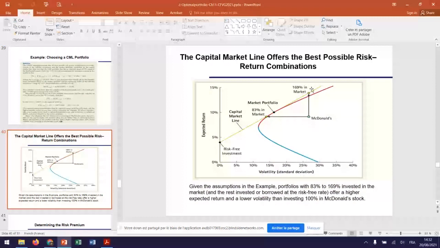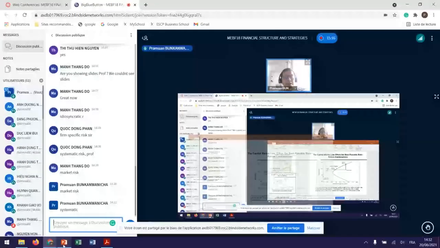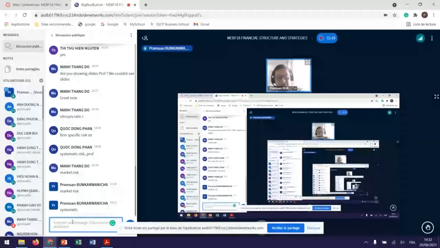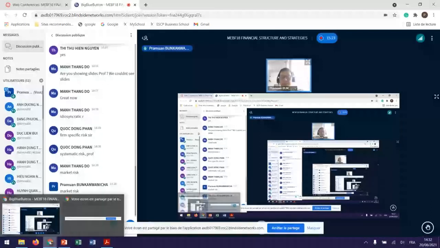Since you have to go beyond this point, you have to allocate 169% in the market portfolio. What does this mean? It means that you need to borrow at the risk-free rate and invest more in the S&P 500. That is how we interpret it.